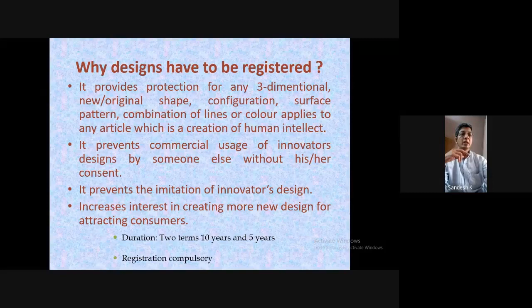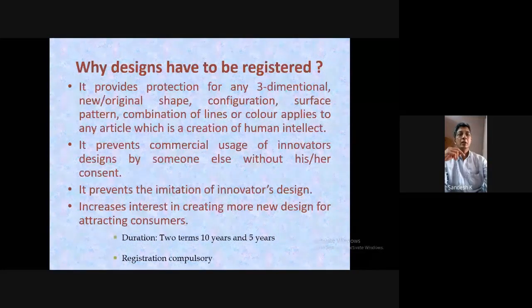Number one. Then, if somebody else sees this in the market and wants to make use of it, making a similar product in 3D, copying, is much simpler if it looks the same.